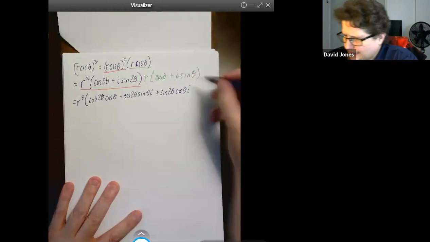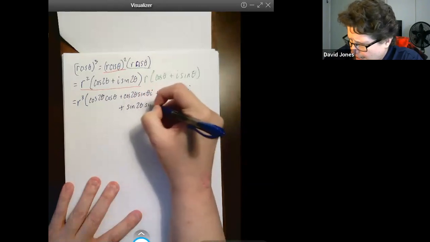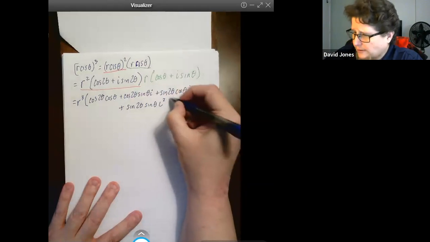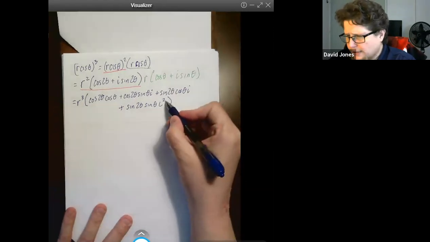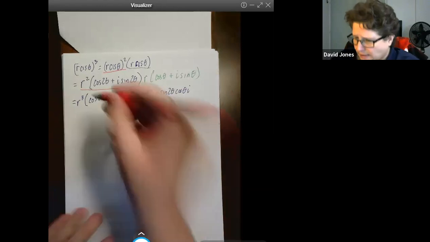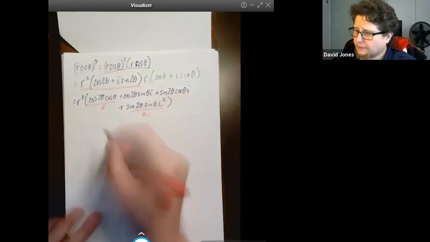And finally, sine of 2 theta sine of theta i squared. And this is going to turn to -1. So again, these are the real terms, and we'll group them together.